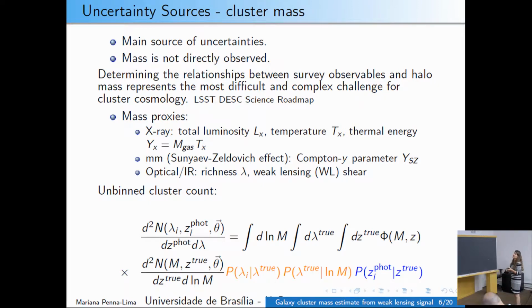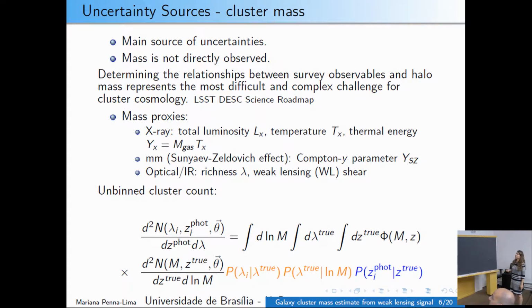Some of these observables give you mass proxies, such as those from X-ray or SZ, or even richness, okay? And in the end, when you build your likelihood, for example, this is one term for the unbinned cluster count. If you consider just cluster abundance, mainly for massive clusters, your likelihood will be the product over all clusters of this function.